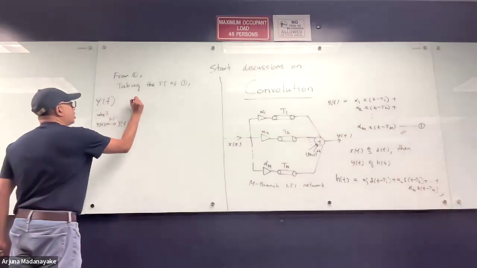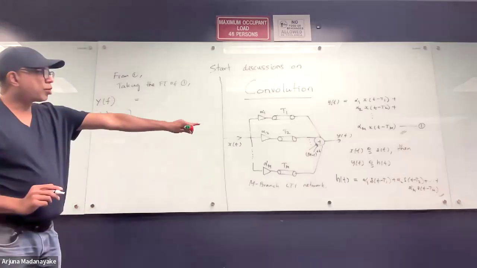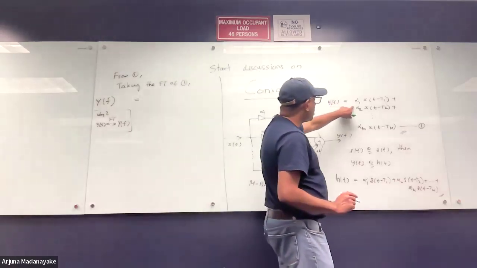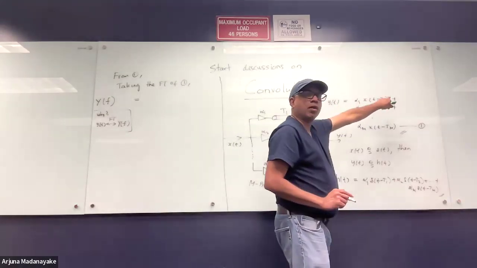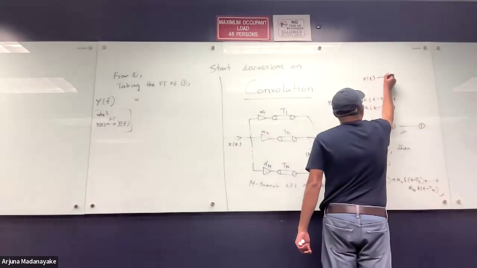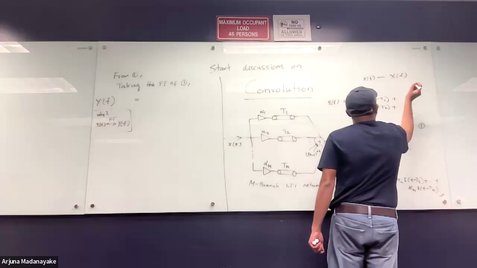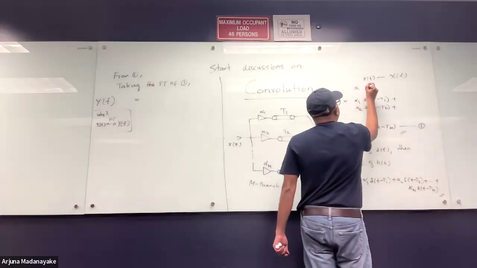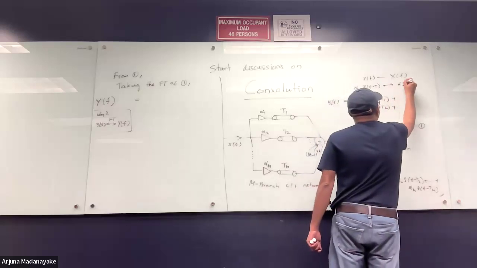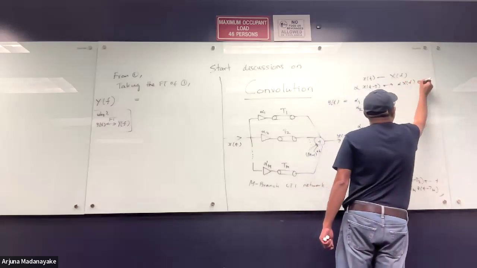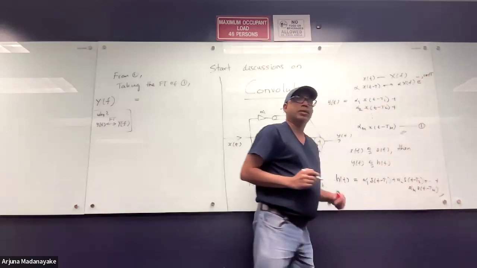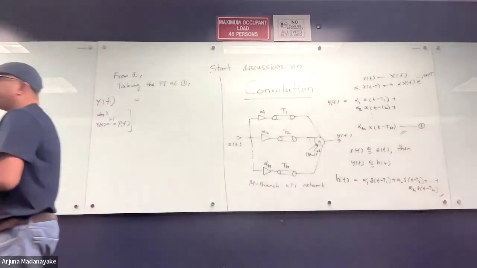That's equal to, I take the Fourier transform of every term. The first term is alpha 1 x(t minus t1), right? If the Fourier transform of x(t) is capital X(f), we know that the Fourier transform of alpha times x(t minus t) is simply alpha times capital X(f) e to the minus j 2 pi f t. We did that property of the Fourier transform.